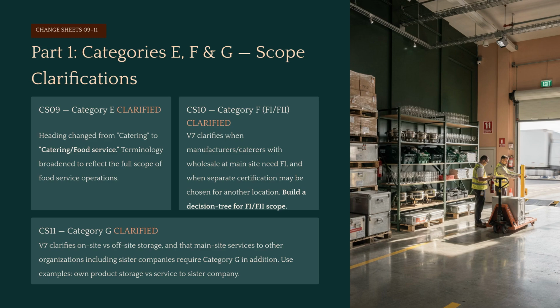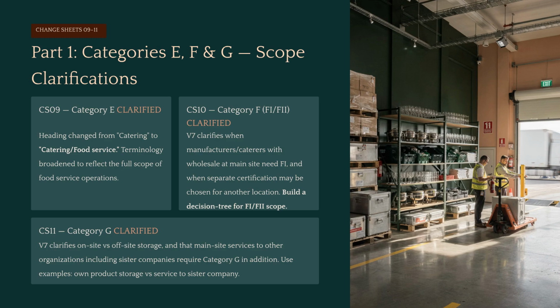Category F now includes clearer guidance for situations where a manufacturer also performs wholesale activities at the main site. This is important because some organizations have mixed operations and may not immediately realize that a separate FI scope may be needed. The clarification helps determine when wholesale activity is simply part of the main operation and when it becomes a separate certifiable function.